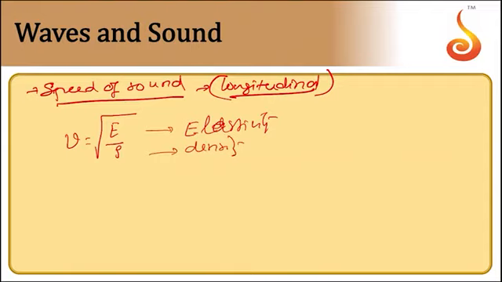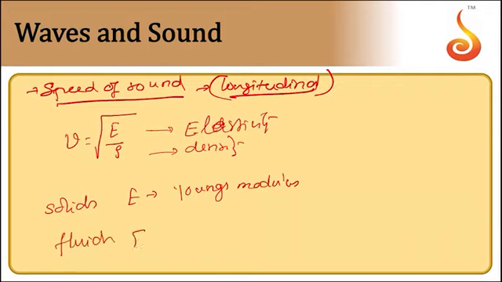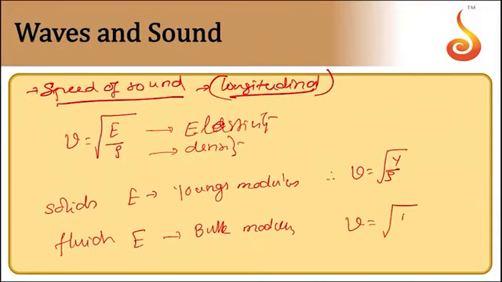E refers to modulus of elasticity divided by rho. Now in the case of solids, this becomes Young's modulus, and in the case of fluids, E is nothing but bulk modulus. Therefore, we have V is equal to square root of Y divided by rho, or in this case it is root of B divided by rho.